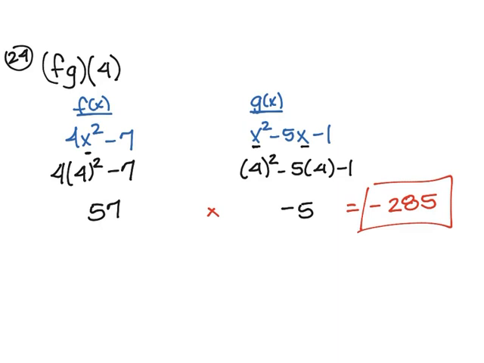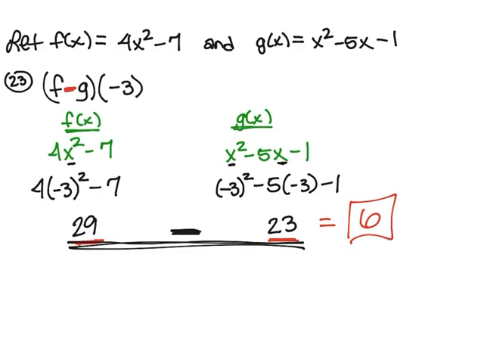Now, the next two are compositions, so keep in mind you do have the possibility. We did the minus on the review sheet as far as the operation. I could just as easily do f plus g of -3, and you would do the same thing, but you would add, okay?